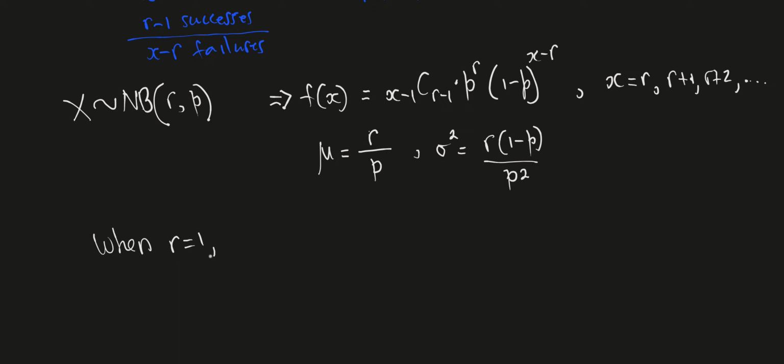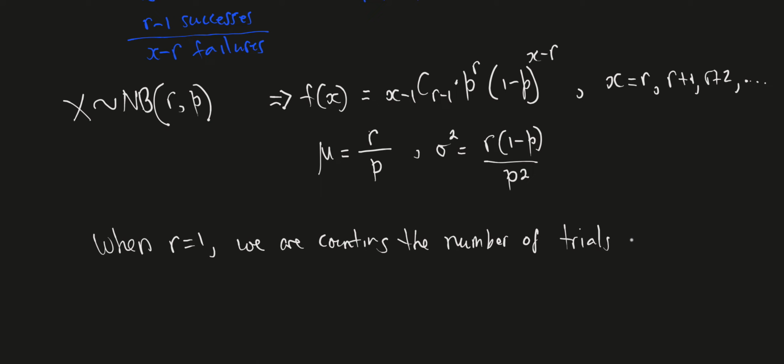Let me explain what that means. When R is equal to 1, we are counting the number of these Bernoulli trials up to and including the first success.